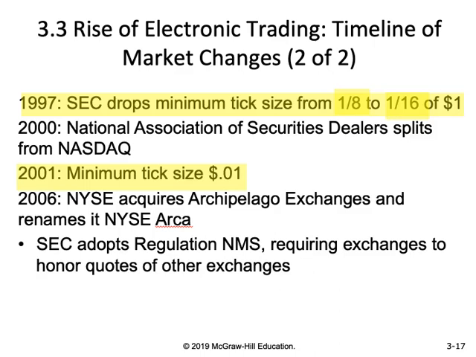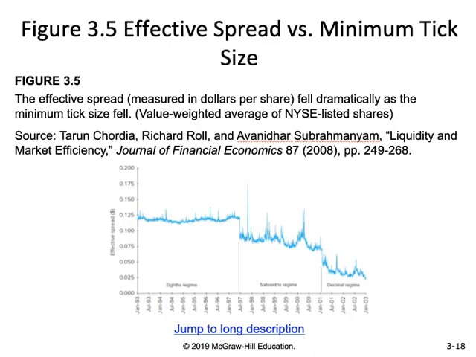So the SEC is trying to make the markets more efficient and investor friendly. And you can see that the spread, which I mentioned before, the spread is the profit to the dealer. And you can see that the spread fell during each period when the markets traded.